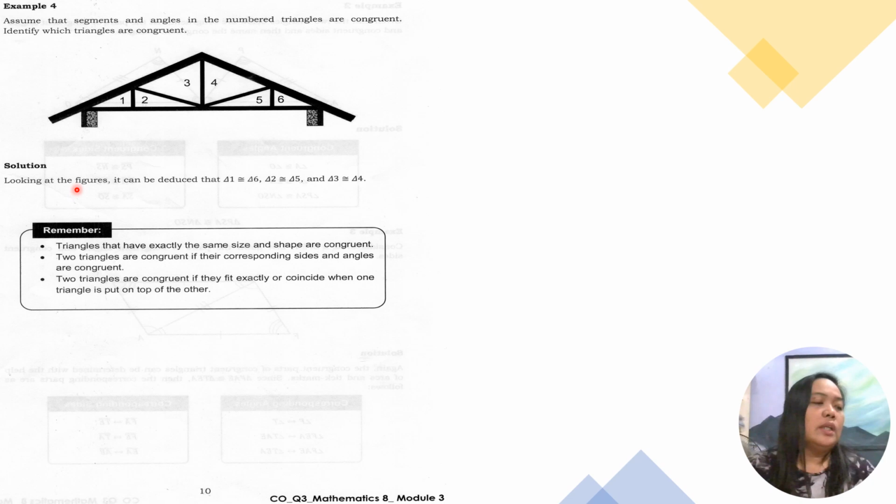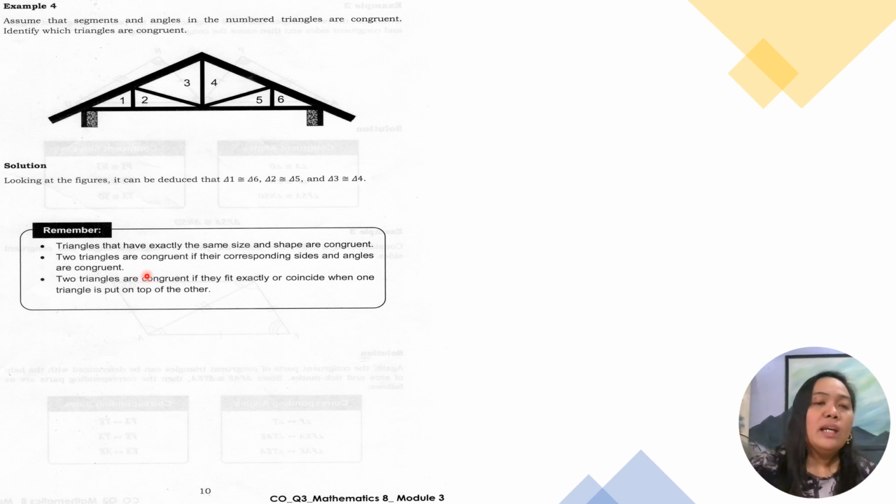So, solution. Looking at the figures, it can be deduced that angle 1 is congruent to which one? Angle 1 is congruent to angle 6. Angle 2 is congruent to angle 5. And angle 3 here is congruent to angle 4.